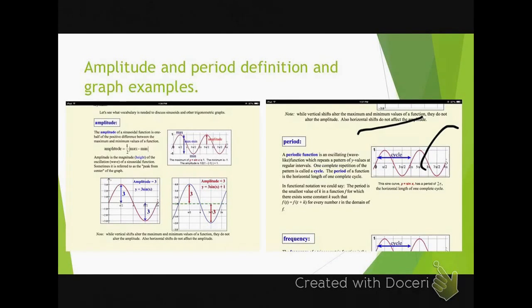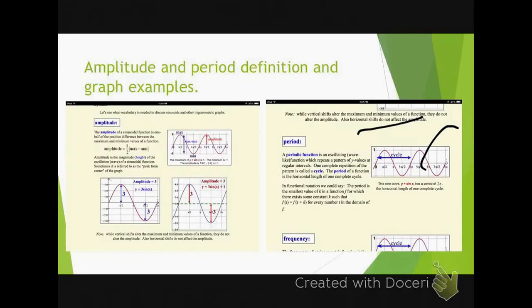And now comes the amplitude and period definitions and graph examples. The amplitude of a sinusoidal function is 1/2 of the positive difference between the maximum and minimum values of the function.